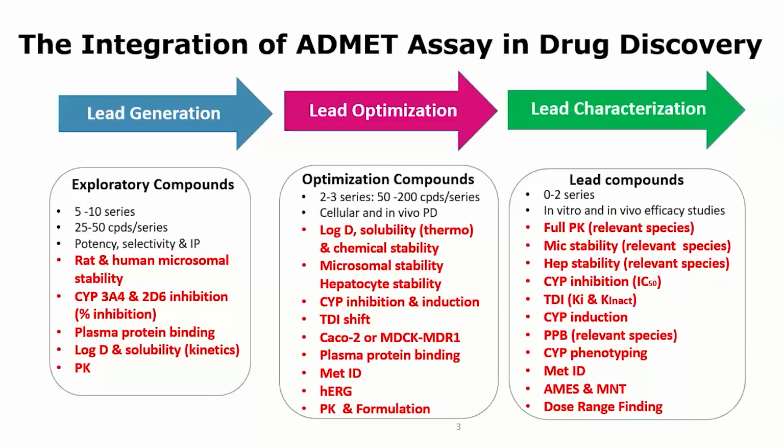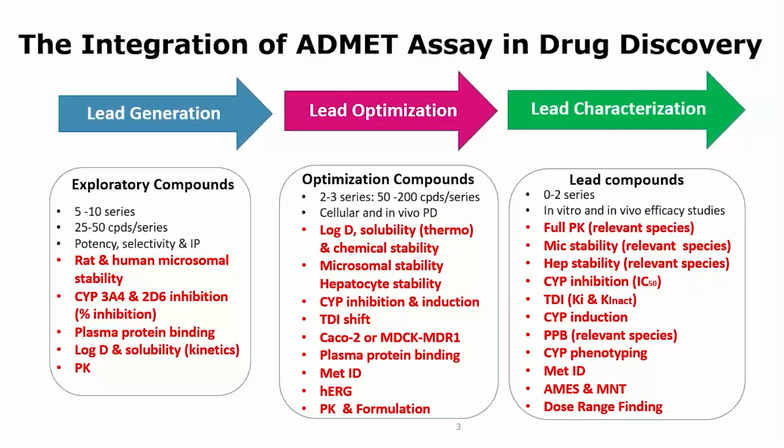Then when the series move forward, we go to lead optimization. You have a good potency in terms of cellular, and sometimes in vivo models kick in now. Then you will choose 2 or 3 series which have good potency, and start more detailed ADME assays like logD and solubility.